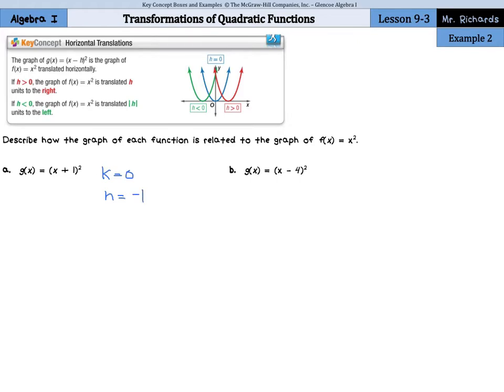Well, remember, we have x minus h squared as this rule. And since this is a plus 1, the h is really a negative 1. And so what this is going to end up being is a translation one unit to the left.